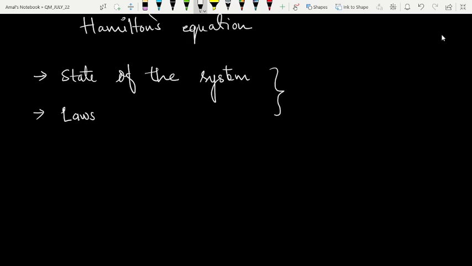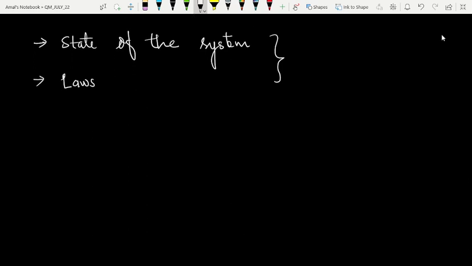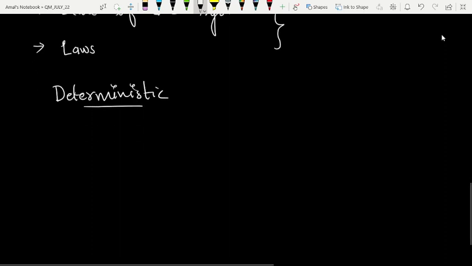Then one more thing is that classical mechanics is deterministic, which means that if we know the initial state of a particle, we can deterministically predict the final state of the particle.